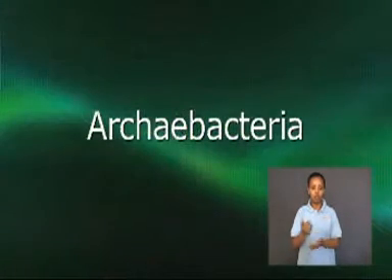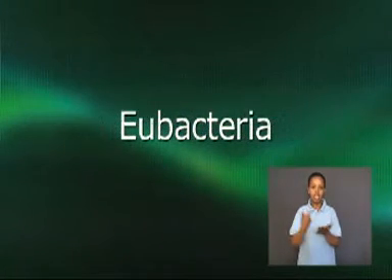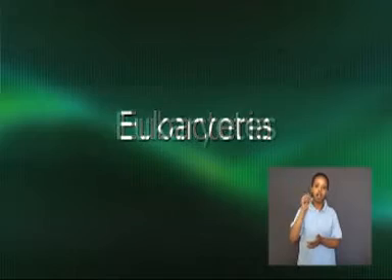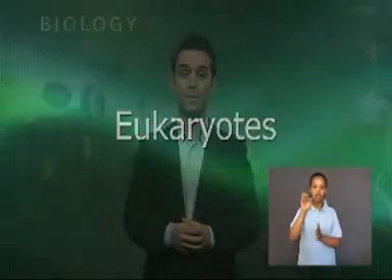Prokaryotes gave way to the three domains of life. They are archaebacteria, eubacteria, and eukaryotes. We have looked at these domains before, but I think a quick review is a good idea.